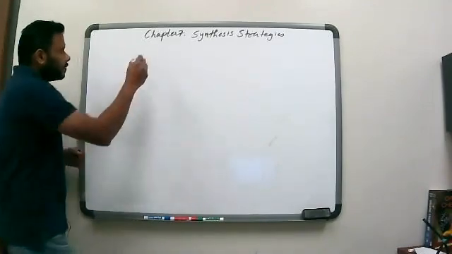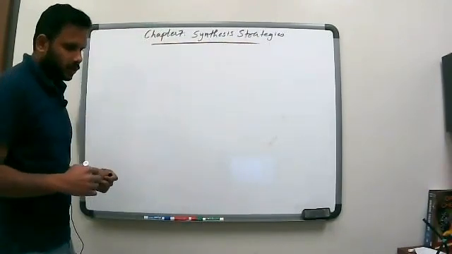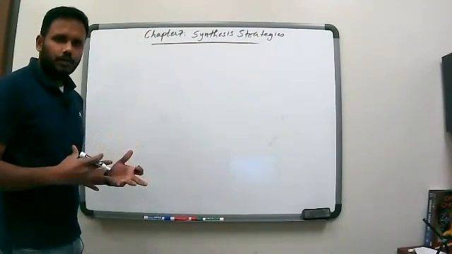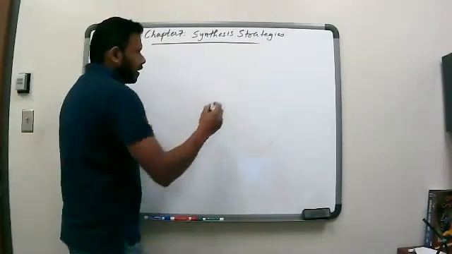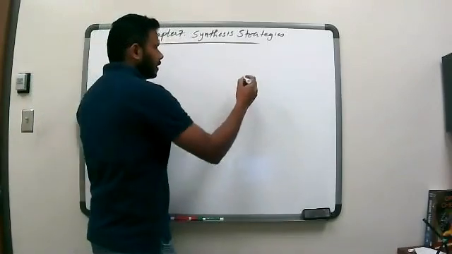So what are the sort of things that we will discuss here? We can start simple. Let's say we have a product, some compound that we're looking at.